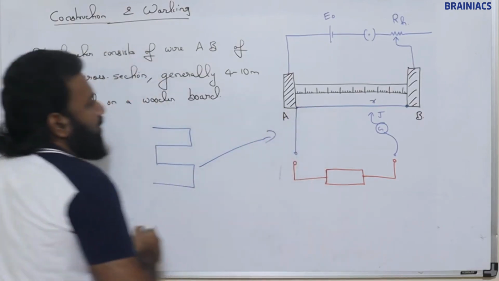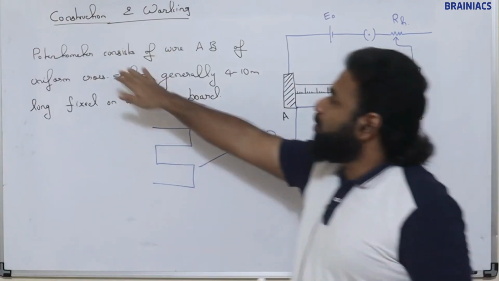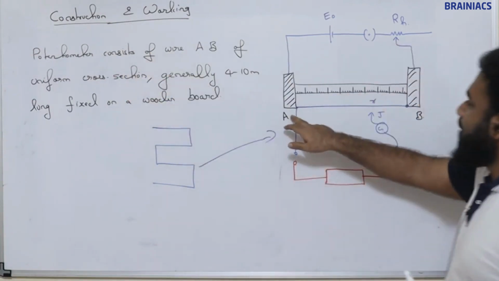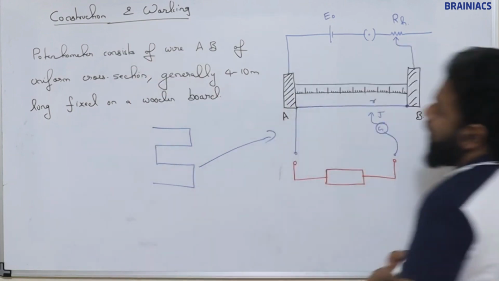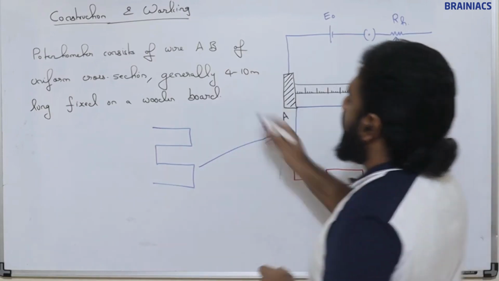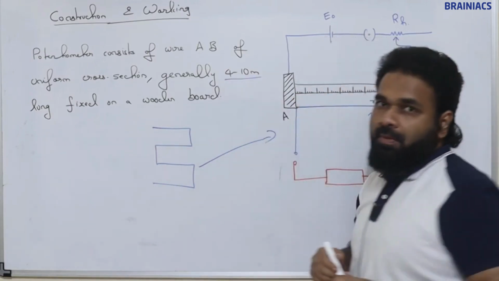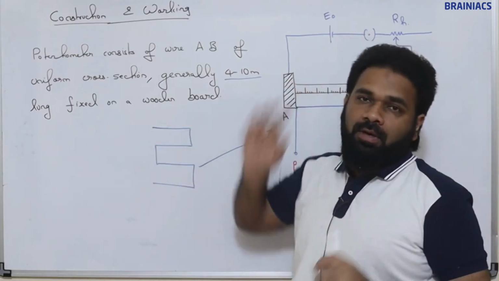Okay, fine. Now see, the potentiometer wire consists of AB, this setup only, AB, of uniform cross section, generally 4 to 10 meters long, fixed on a wooden board. Clear?